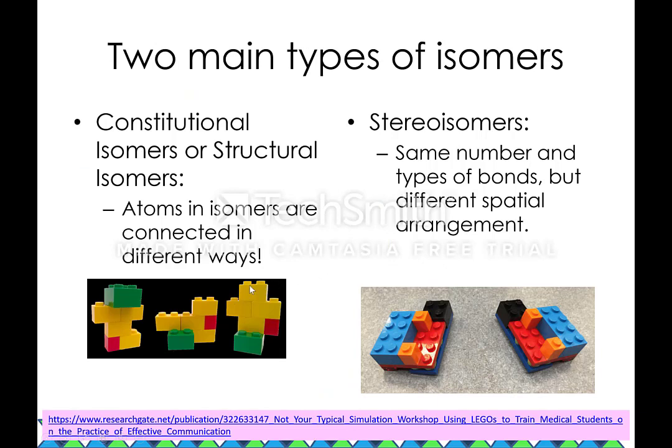Just as a reminder, there are two main types of isomers. There are constitutional or structural isomers: molecules have the same formula, but different connectivity. Whereas stereoisomers have the same connectivity, same formula, but just different spatial arrangement. So this is an example of a pair of enantiomers, and these are structural or constitutional isomers.